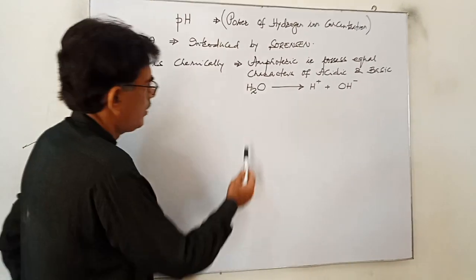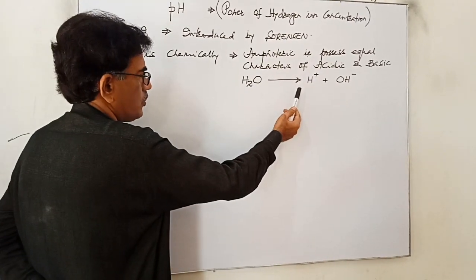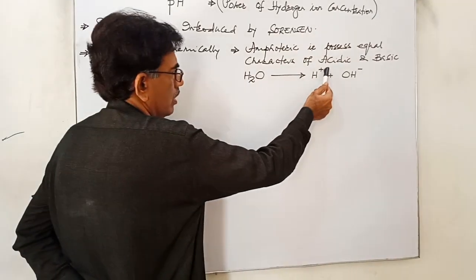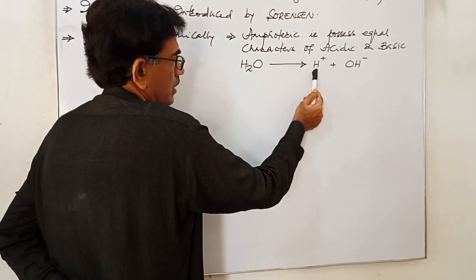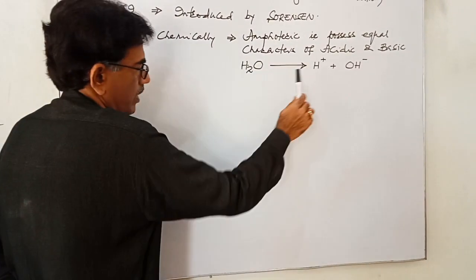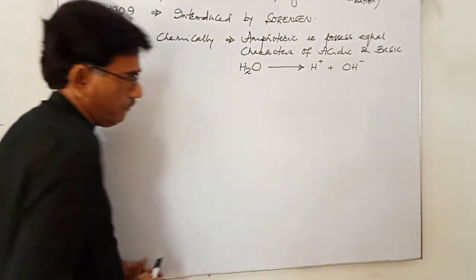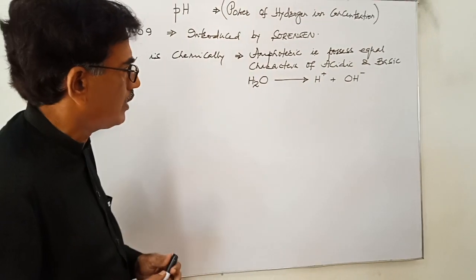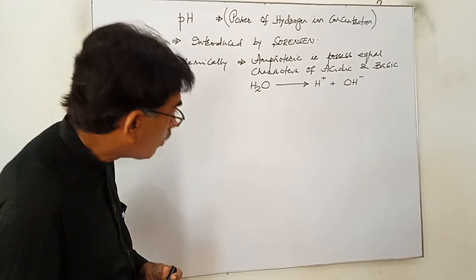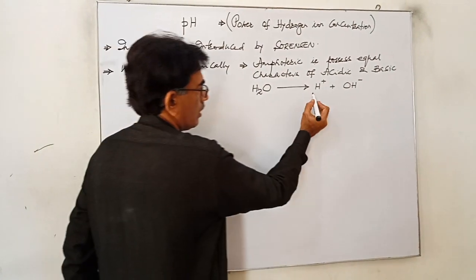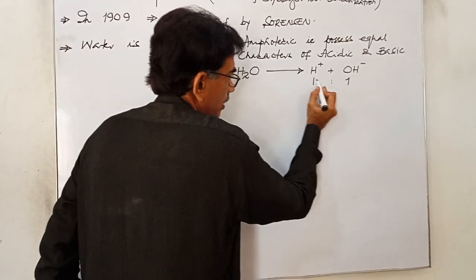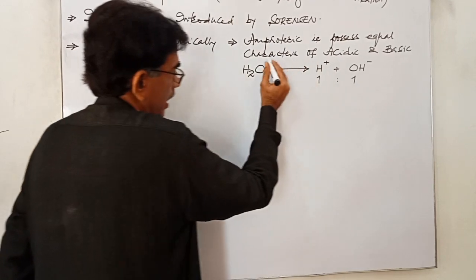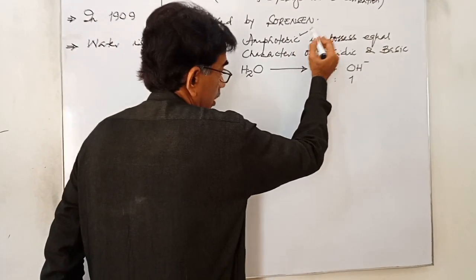During chemical activity, water will dissociate into hydrogen ions and hydroxide ions, that is acidic and basic. So whenever the ratio of acidic and basic characters is equal, the term applied for that is neutral, and we also call it amphoteric.